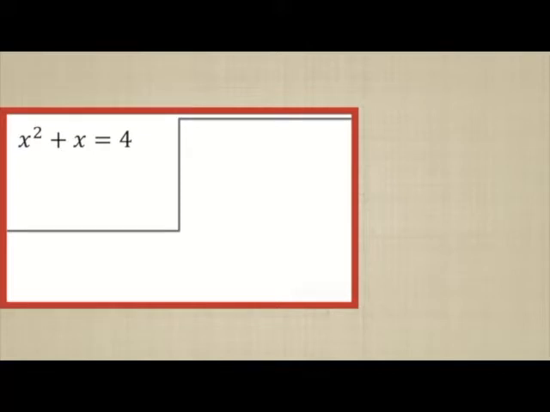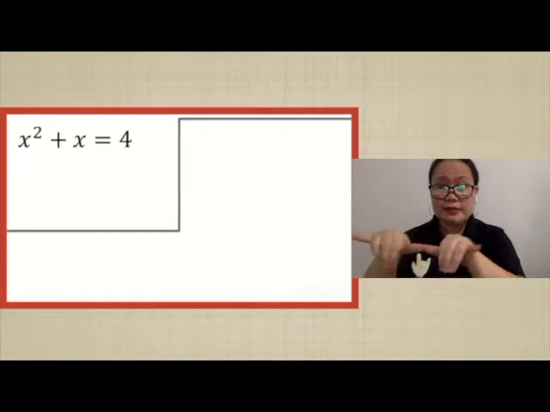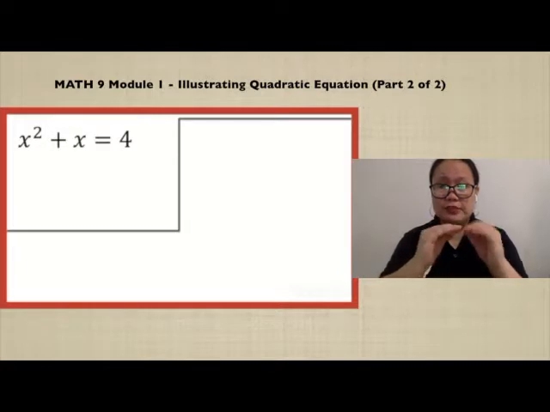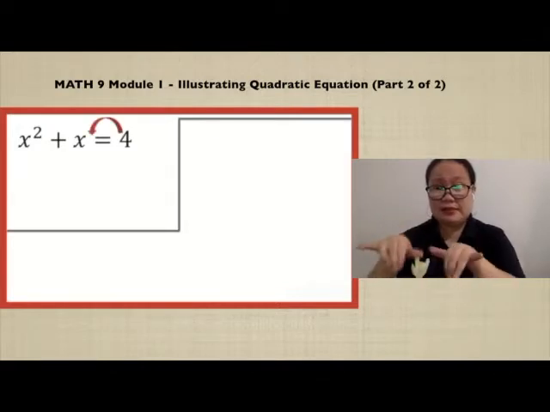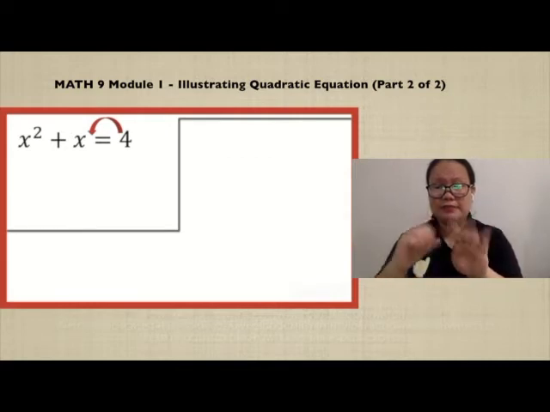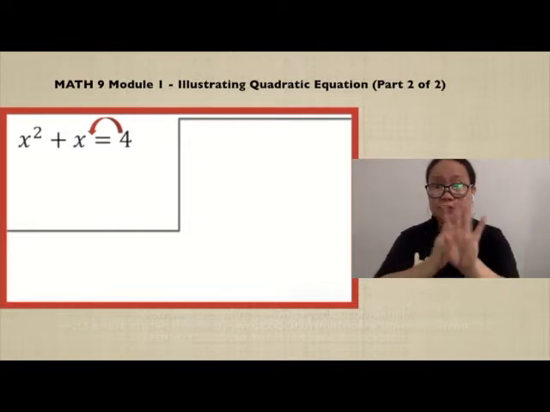Remember, our standard form must be written in ax squared plus bx plus c equals 0. Okay, given the example x squared plus x equals 4, so ililipat natin si 4 for us to have the value of c and equate it to 0.